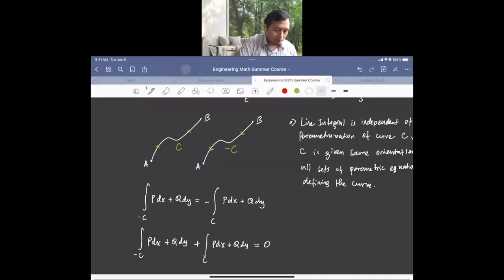These orientations, having C and negative C, we are going to look at more in the next part. If we still have time, we will see it in Green's theorem.